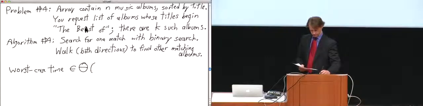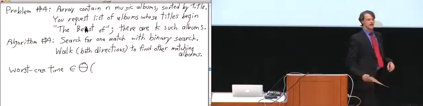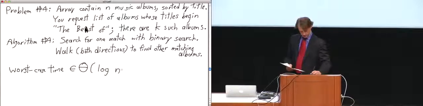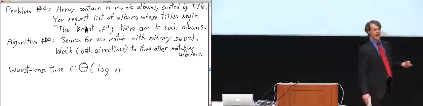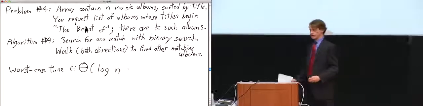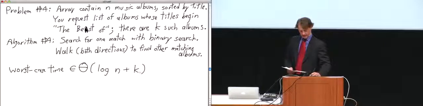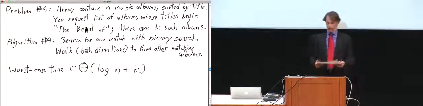So the worst case running time is in big theta of, well, binary search in the worst case is going to take log of n time, where n is the total number of albums. But once I've found one match, I can find the others just by walking locally in the array, and that only takes k time if k is the number of albums that I'm going to output.